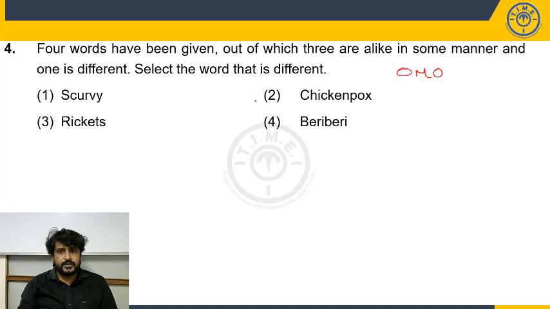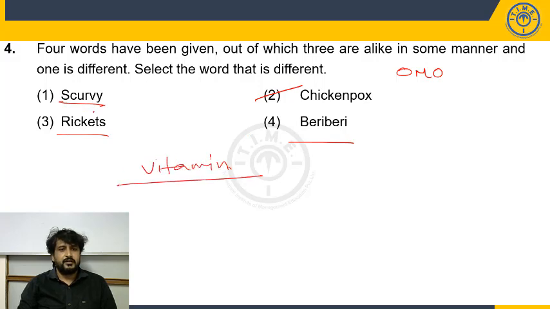Except chickenpox, the remaining are all diseases caused by vitamin deficiency. Scurvy, rickets and beriberi are caused by vitamin deficiency, whereas chickenpox is not of that category. So your answer is choice 2.